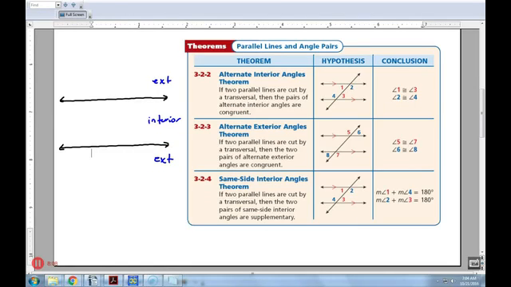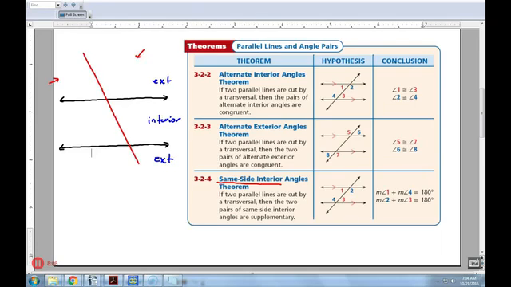Now, when you name these angles, they also depend on where the transversal is. If the transversal comes running down, you're either on the same side of the transversal, meaning that you're on the right side of the red line over here, or you're on the left side of the red line. If you're on the same side, you're called same side interior, and you'll notice that terminology over here.